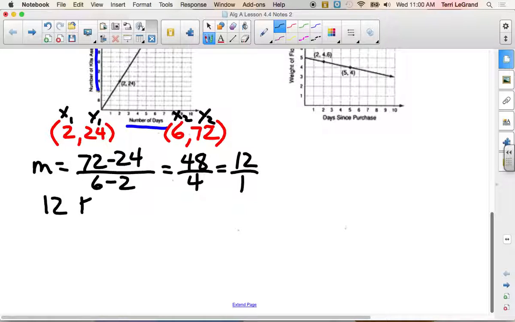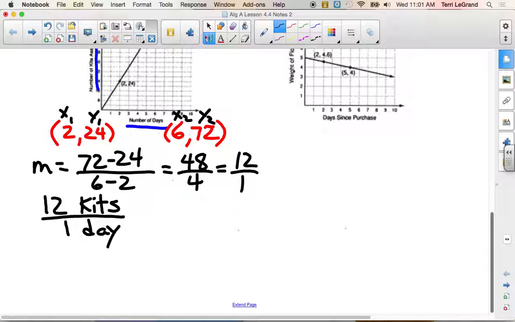Kits, yeah, those are the y's. That's 12 kits over one what? 1 day, yeah. Take the time to do this, because this is going to help you write your sentence answer that says what the slope represents.